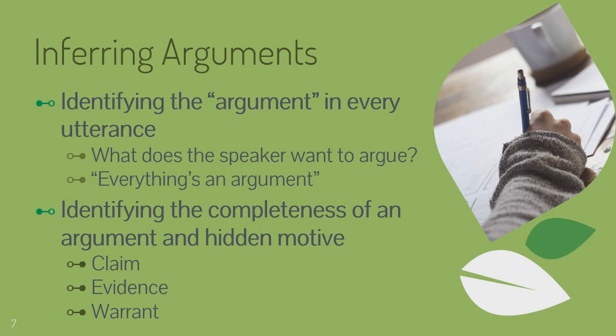If the writer doesn't really explicitly say what the purpose is in writing the text, we need to discover it. We need to identify it, and of course, we need to identify it with the help of other elements of the text. And the third one, in a world of fake news or during the post-truth era, it is very important for us to identify the hidden motive of the writer.